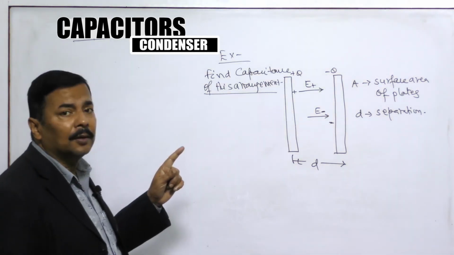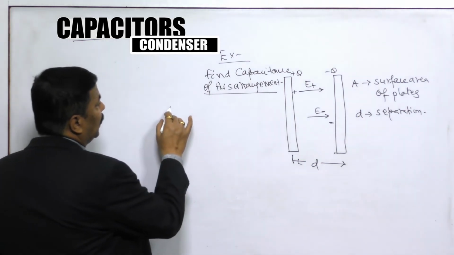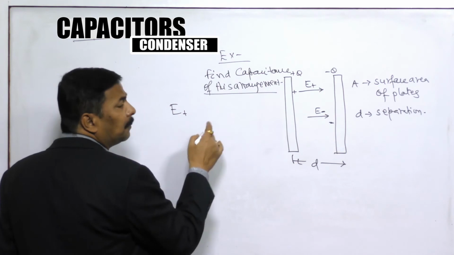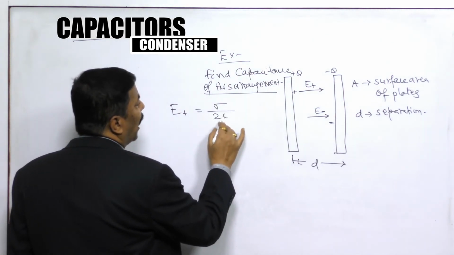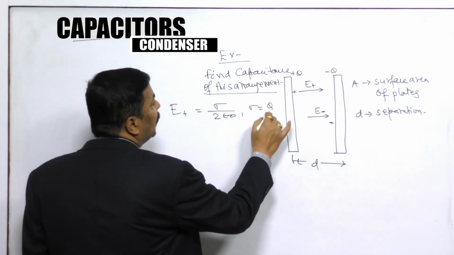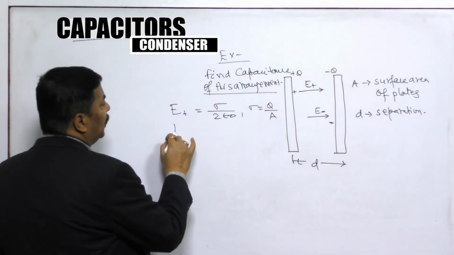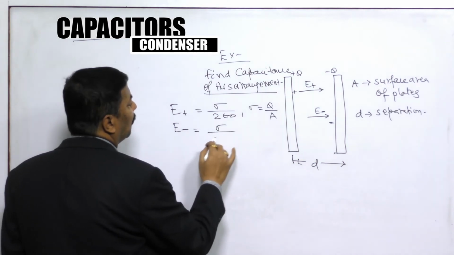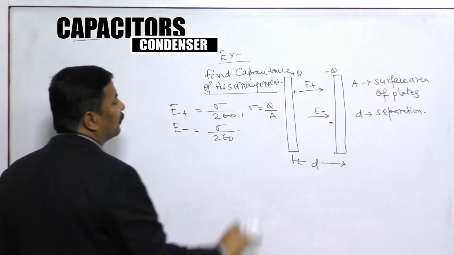What we have seen in Gauss theorem is that E due to a positive conductor plate is sigma by 2 epsilon naught. What is sigma? Sigma is the surface charge density, Q by A. E due to the negative plate is also sigma by 2 epsilon naught.